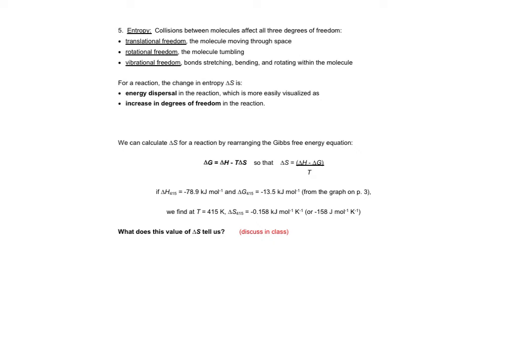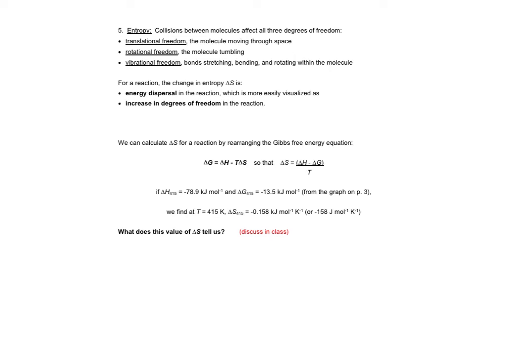Entropy is not really disorder. That can be a macroscopic manifestation, but it is more accurately energy dispersal. The Gibbs free energy equation has both an enthalpy and an entropy term, but only the entropy term is affected by temperature.